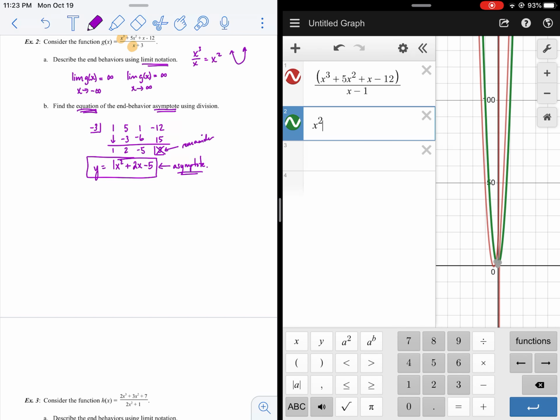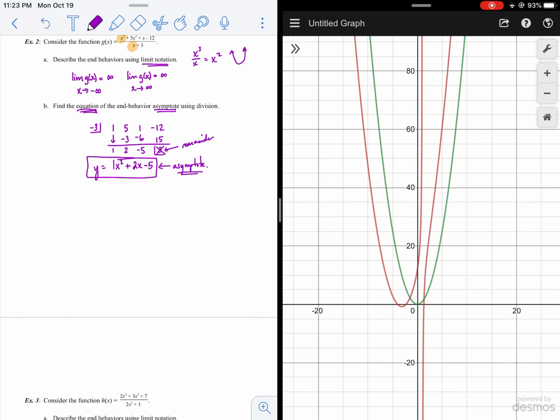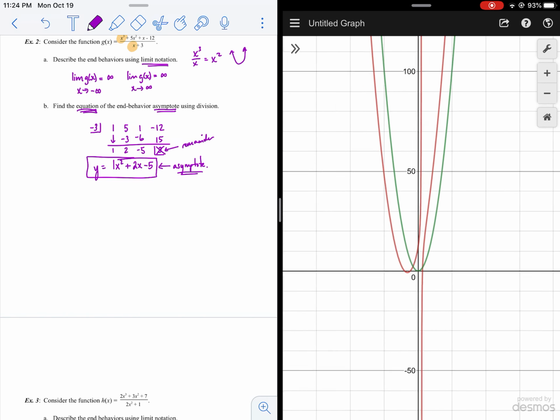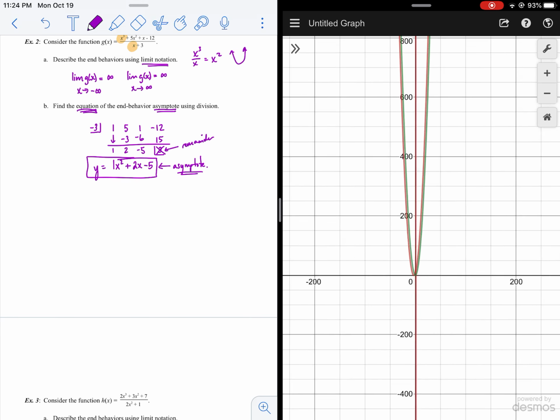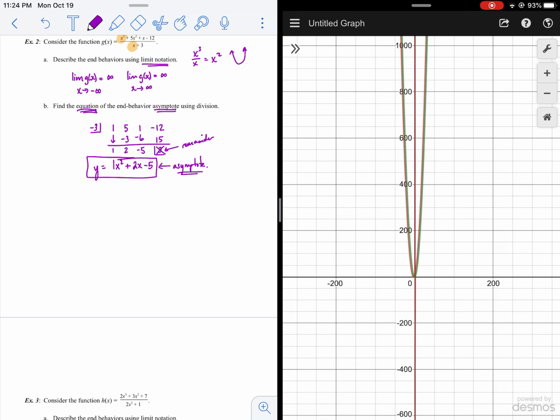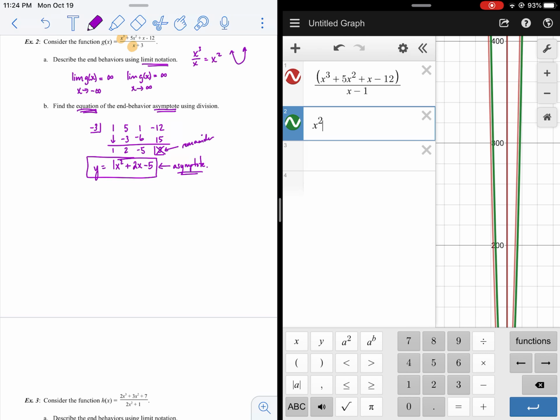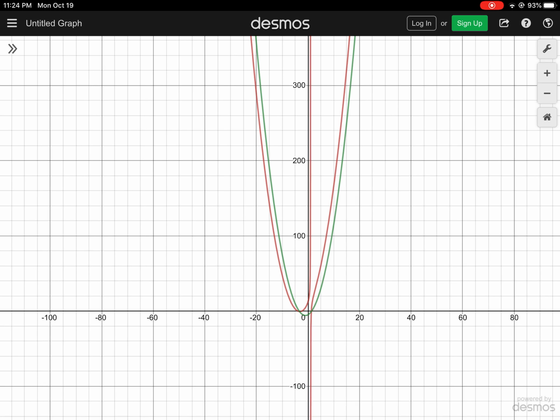If I do that, it's almost like there's two parabolas there. But I suppose if I went way out to infinity, you don't really notice a difference. But now we know that it's actually x squared plus 2x minus 5. And now, let me do this so we can see it better.